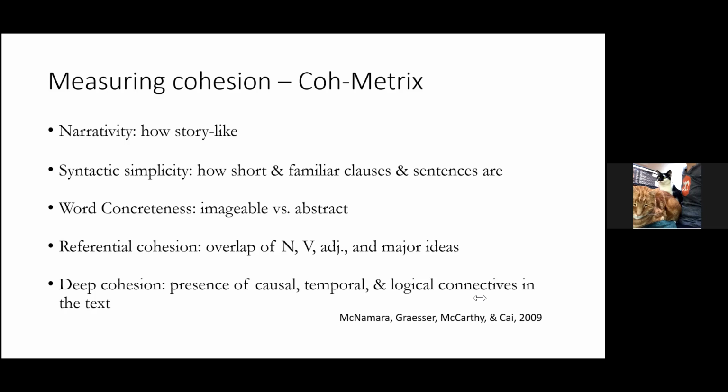They wanted to go about measuring cohesion within a text, and they started out by measuring 150-ish different variables to try to find what makes things cohesive. They've been narrowing it down and looking at how it impacts reading comprehension, and also how it impacts the quality of what we write in our written compositions.